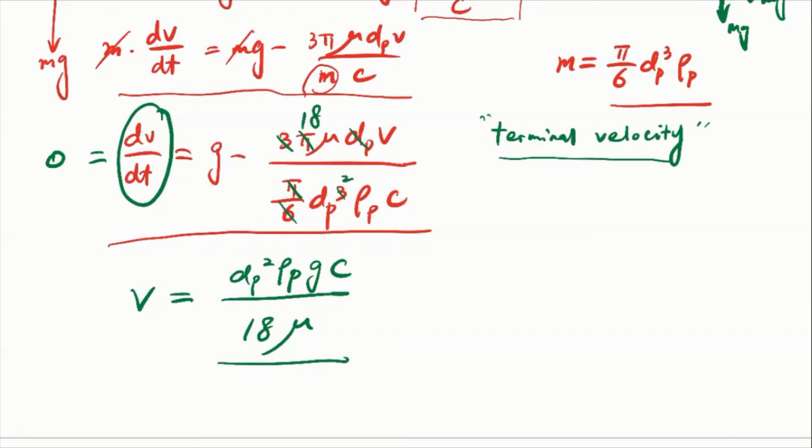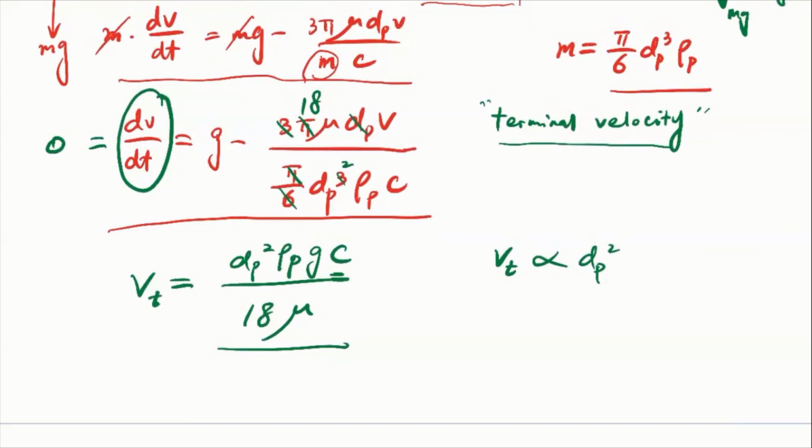So this equation here is called the terminal velocity. We also call that VT. You can see that when the particle size is large enough, when the C is close to 1, VT will scale with the particle size squared.